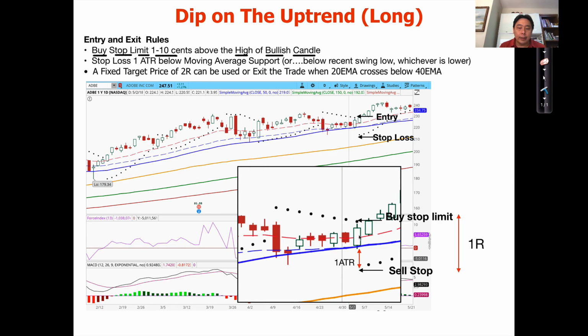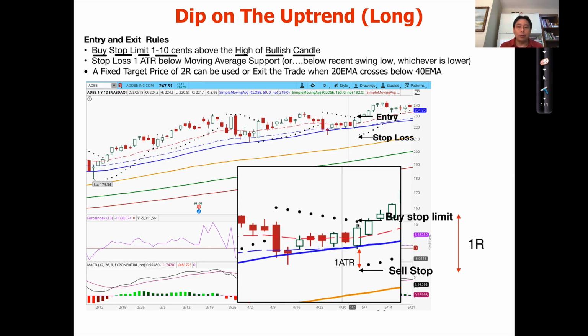We mentioned earlier that this bullish candle would be the candle that confirms the long entry. So what we could do is put a buy stop limit order just a few cents above the high of this candle.